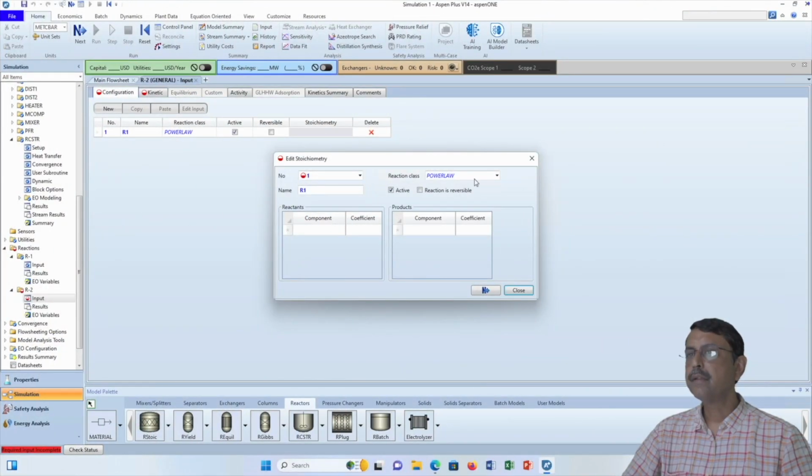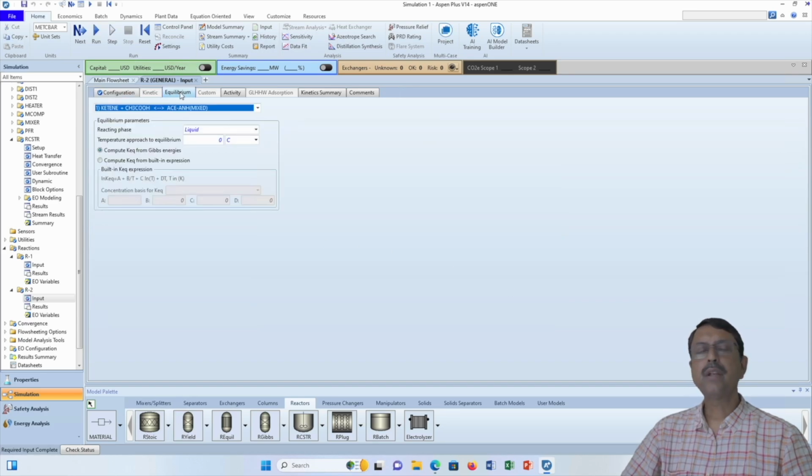So it's an equilibrium reaction. Ketene plus acetic acid produces acetic anhydride.